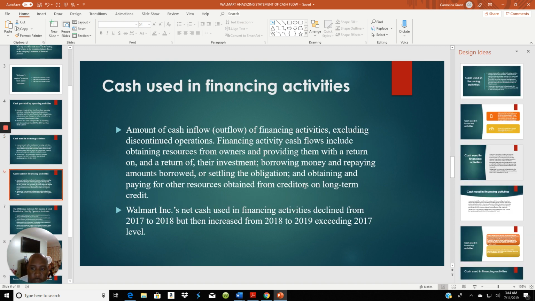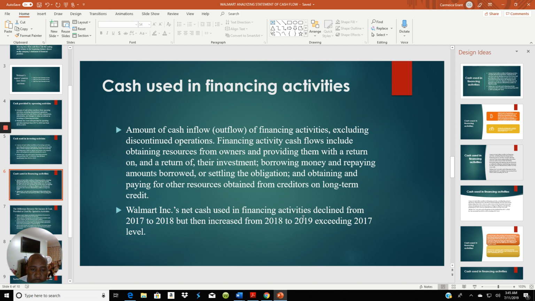Cash used in financing activity. The amount of cash inflow for financing activity, excluding discontinued operations. Financing activity cash flows include obtaining resources from owners and providing them with a return on, or a return of, their investment, borrowing money and repaying the amount borrowed, or settling an obligation, and obtaining other resources from creditors on long-term credit.